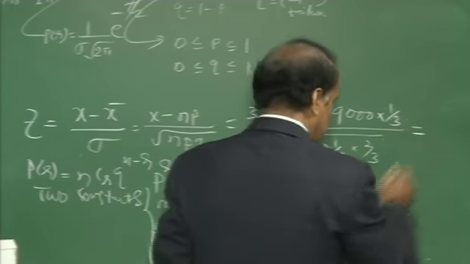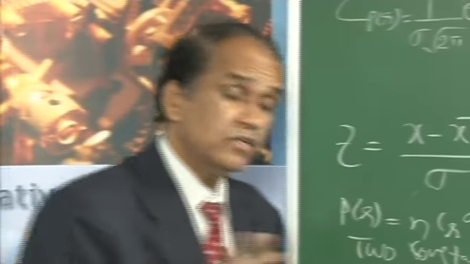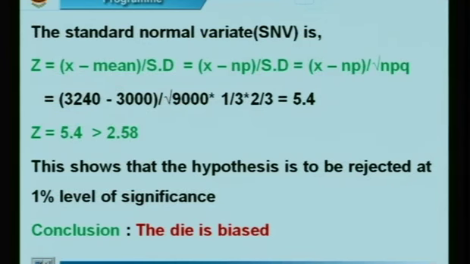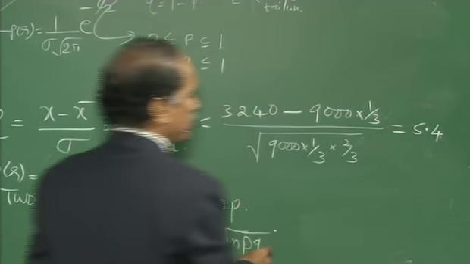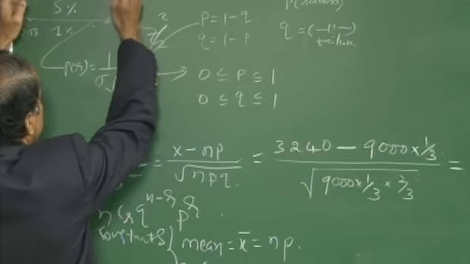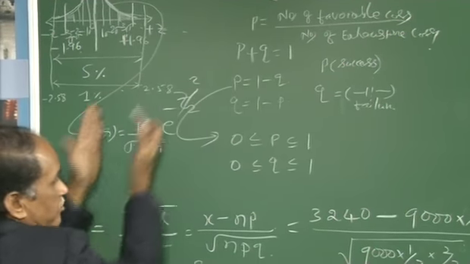This value decides, as we discussed about the critical regions, whether the hypothesis is to be accepted or rejected at what level of significance. Here the calculation comes to 5.4. We have decided minus 1.96 and plus 1.96 is one critical region, and minus 2.58 and plus 2.58 is another.